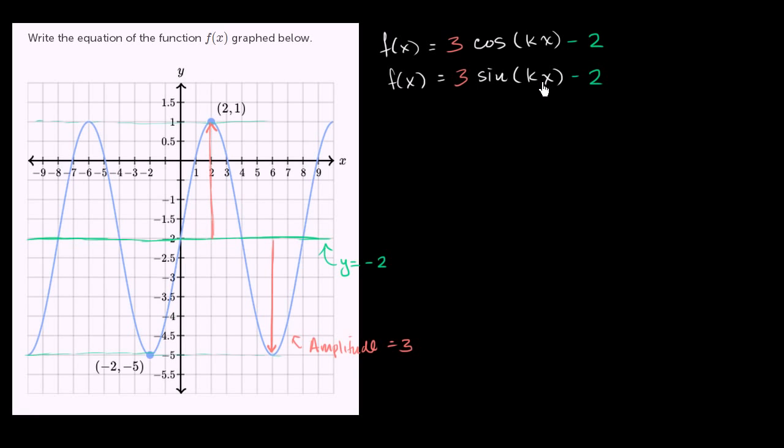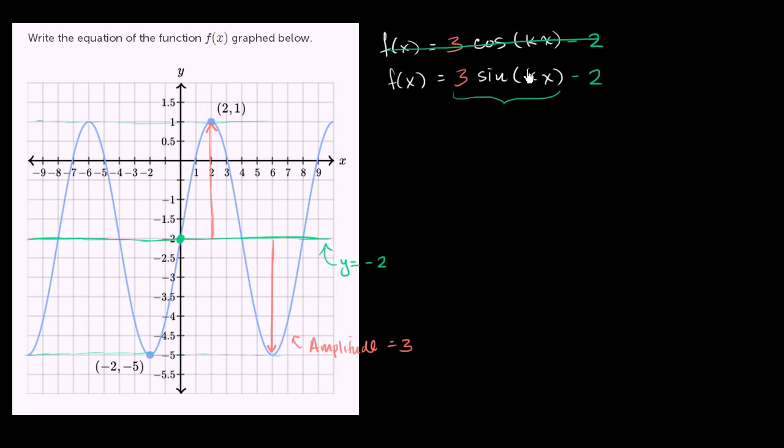So what's this thing doing when x is equal to 0? Well, when x is equal to 0, we are at the midline. If we're at the midline, that means all of this stuff evaluated to 0. Since when x equals 0 the cosine term doesn't evaluate to 0, we can rule out the cosine function. And so we are left with the sine.